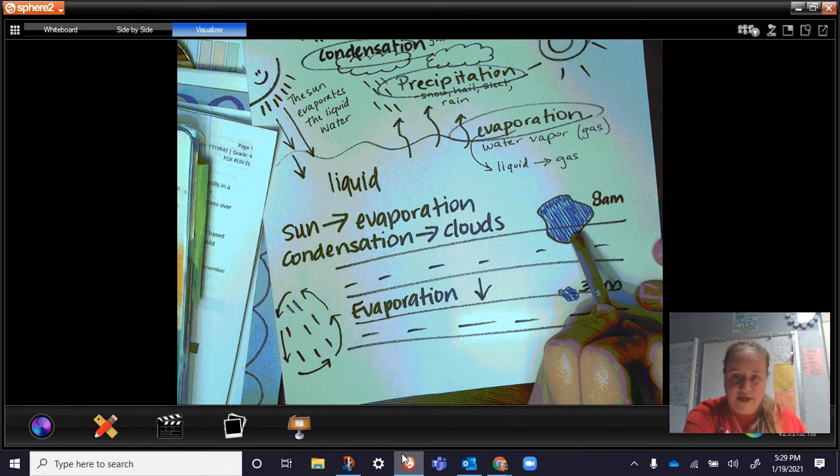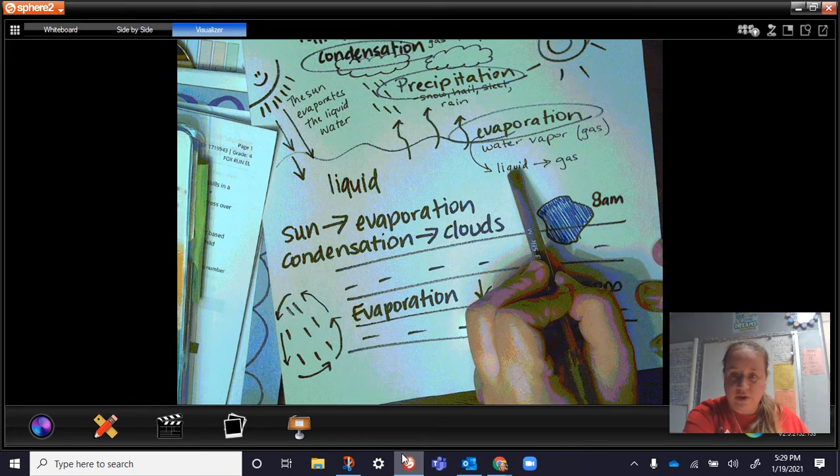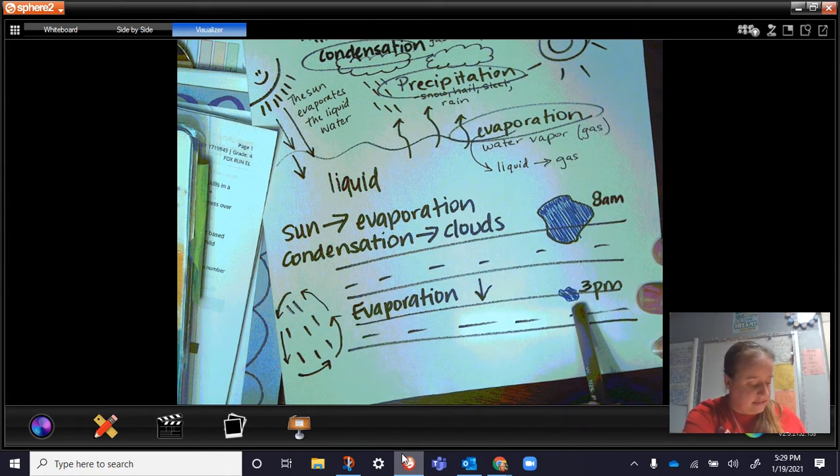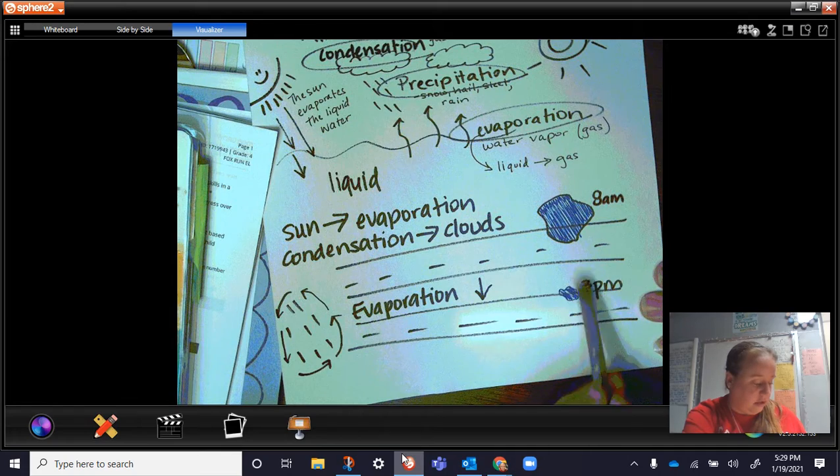You're going to have that water going from a liquid to a gas. So at the end of the day, if it's been real sunny and it's no longer raining, you might see that puddle looking a lot different. It might be a lot smaller. It might not even be there at all.